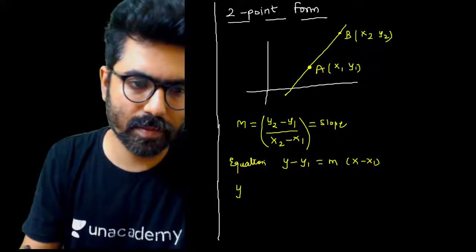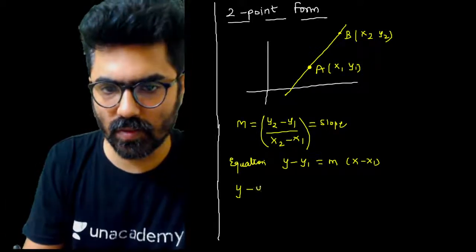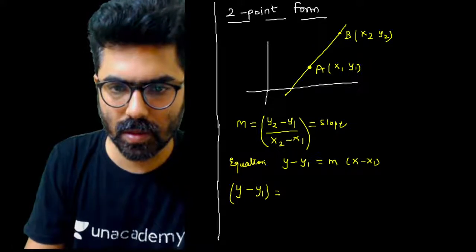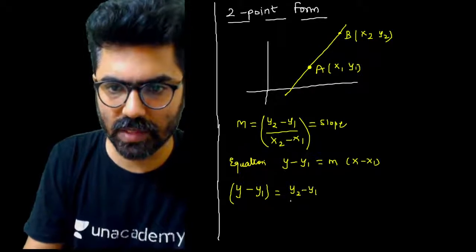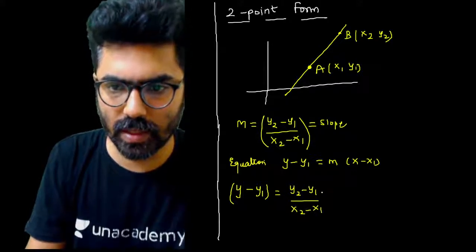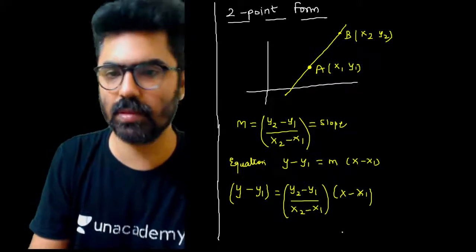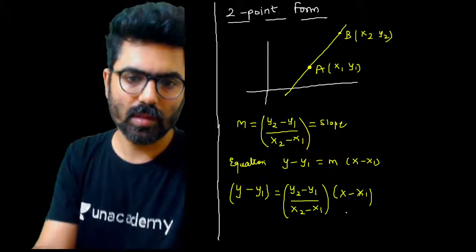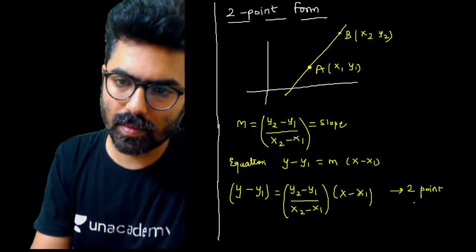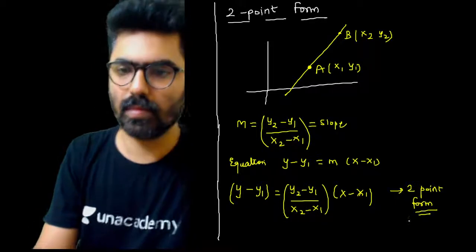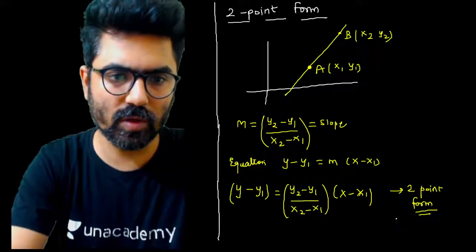Instead of the slope, we write y2 minus y1 upon x2 minus x1 into x minus x1. This is the equation of line in 2-point form. Now let's take an example based on this: when the 2 points are given, how to find the equation of line.